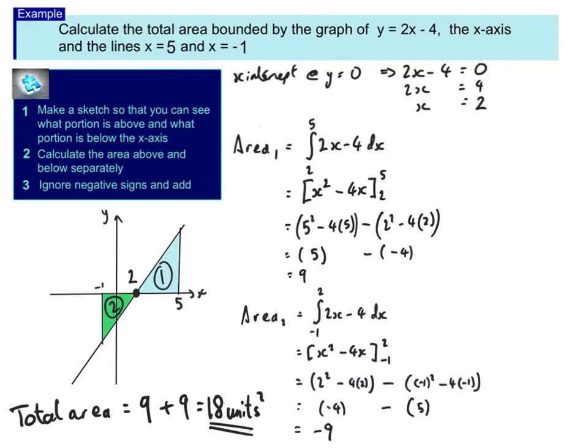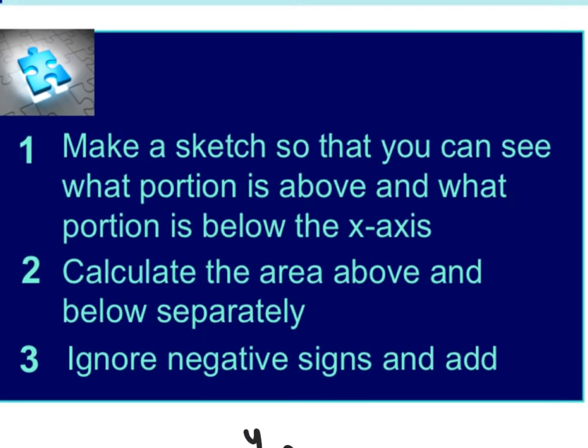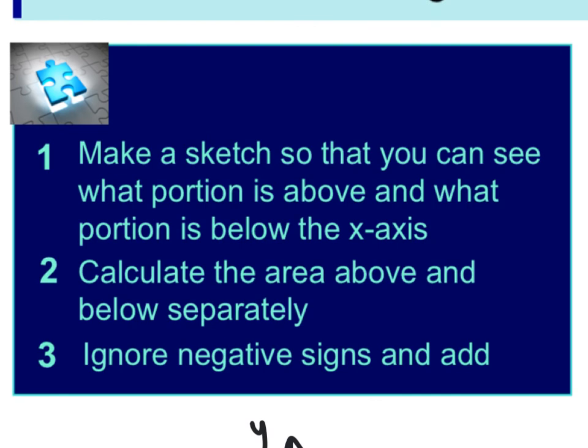So, just to wrap up, coming back to this previous example and having a look at these little bullet points that were here. The first thing you want to do is either examine or make a sketch for yourself and examine where it is above the x-axis and where it is below. You will need to either calculate or read off of the graph where your upper and lower limits are. Really important you pay attention to where it crosses over the x-axis.